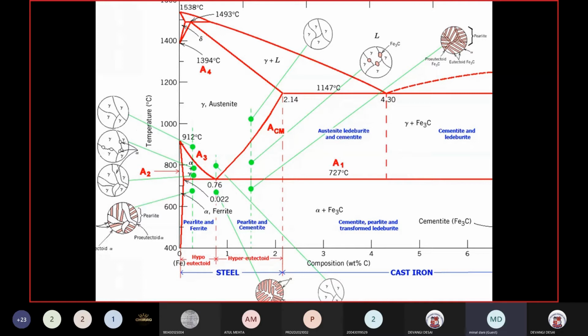So your delta phase plus liquid on cooling can transform to austenite, or you can say that if austenite is further heated at 1493 degrees Celsius and your weight percentage carbon is 0.16, your austenite solid 1 is transformed to liquid plus delta phase, that is liquid plus solid 2.